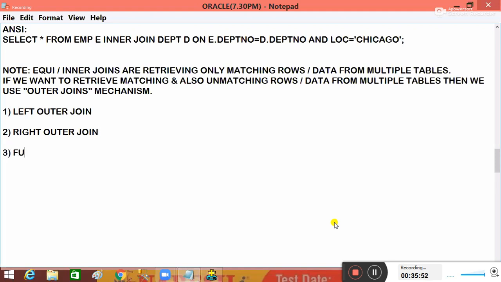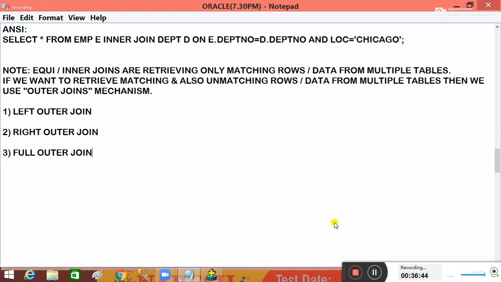And third one is called a full outer join. So when I want to use outer joins in my applications, whenever you want to retrieve matching data and also unmatching data from the tables, there we should compulsorily use the outer joins mechanism. For retrieving unmatching data also, for that purpose the outer joins concept was introduced.